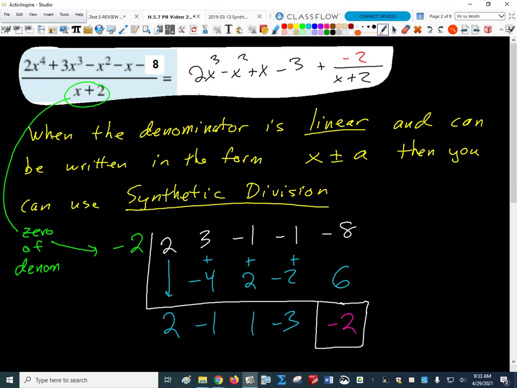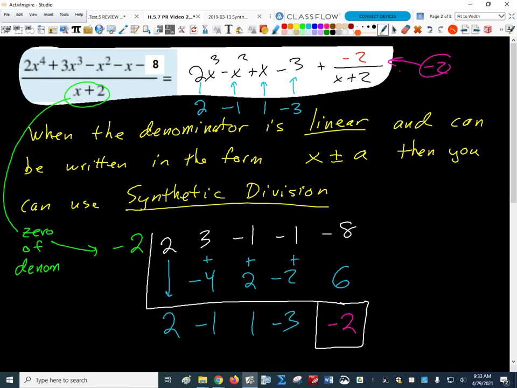Look, we get our 2. There's our 2. There's our -1. There's our 1. There's our -3. And there's our -2. How cool is that? That's like 10 times quicker, right?